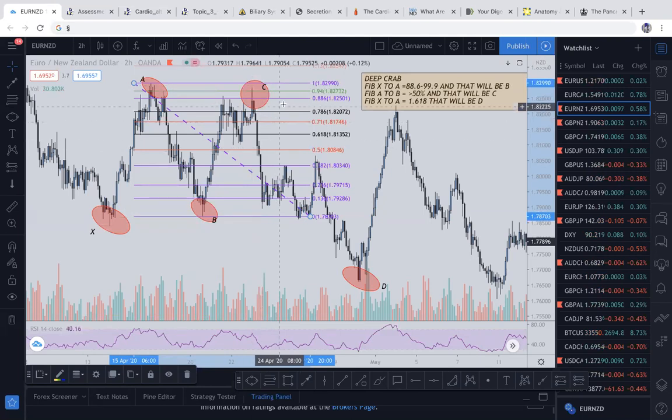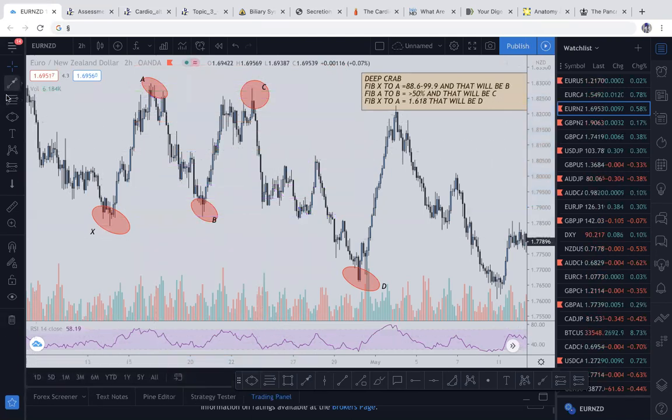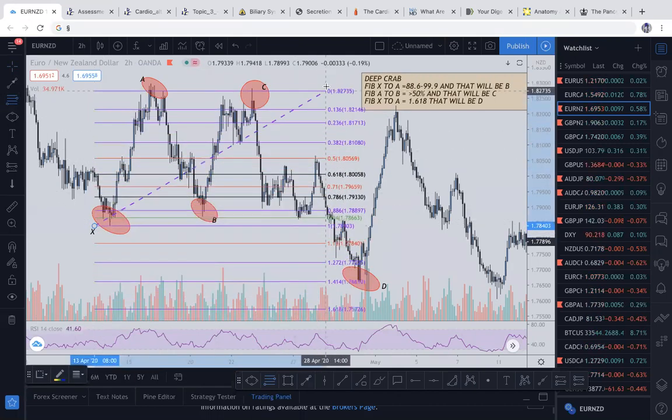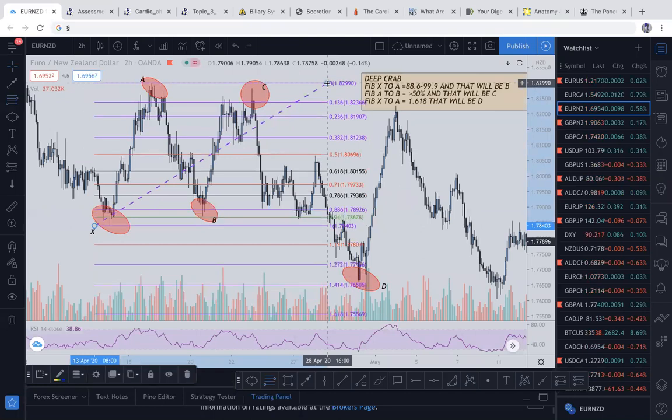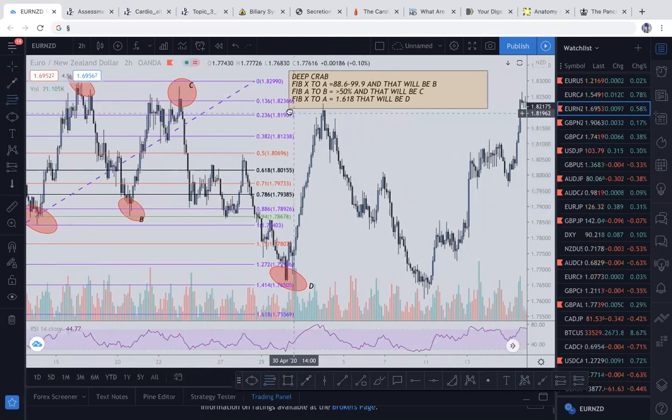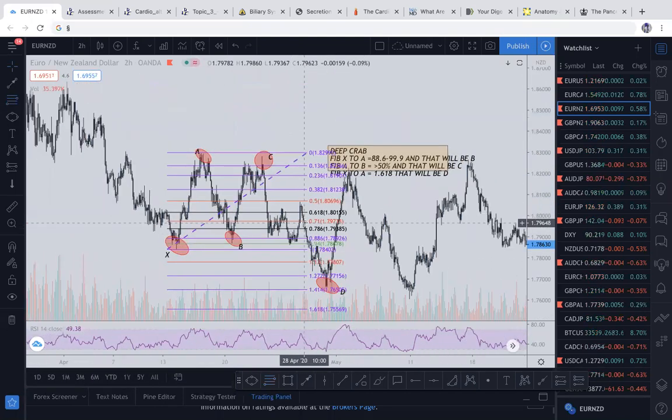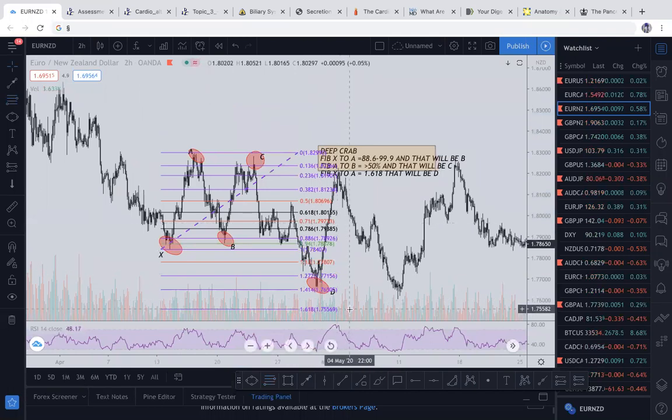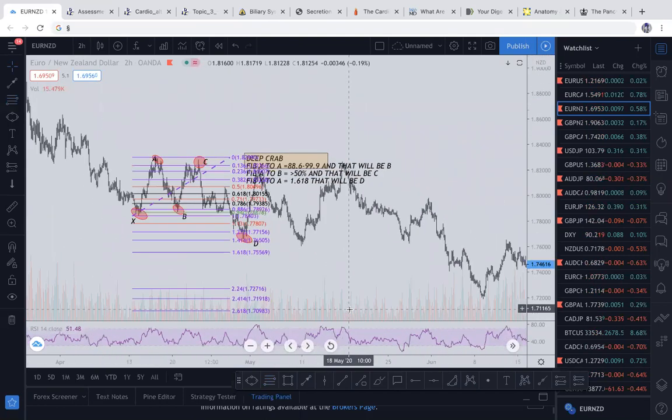All right. So if that be the case, the next thing that I'm going to have to focus on is to pull my fib from X again to A. And then the final area of reversal, we're going to be looking at the 1.618 level. That is the area we will be looking at for price to retrace for a deep crab, usually.